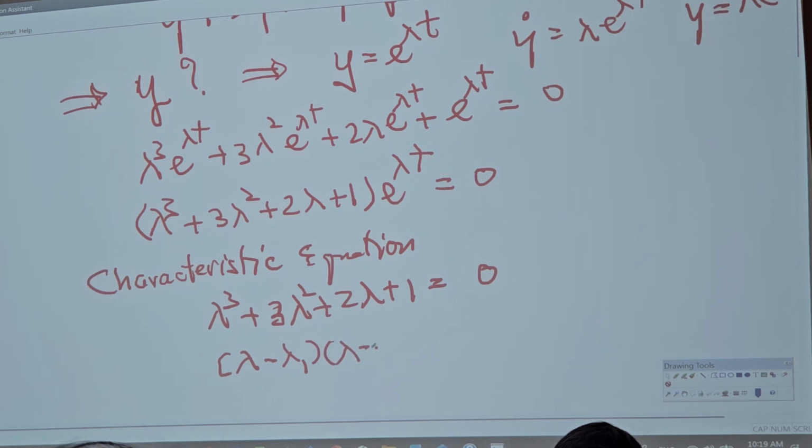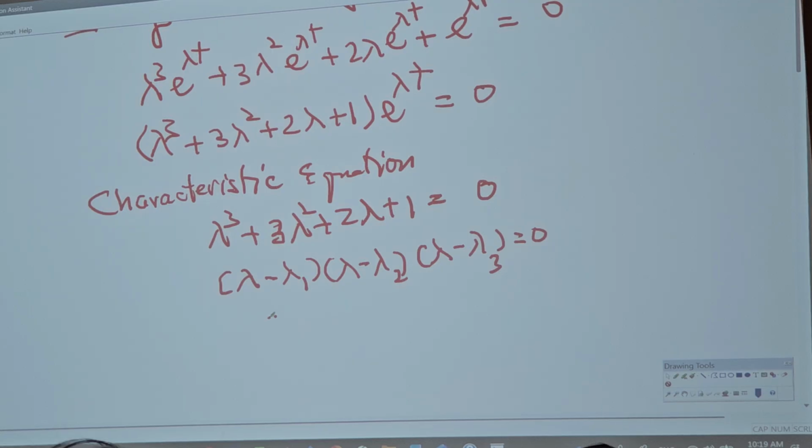Can you solve this one? What are lambda 1, lambda 2, lambda 3? Can you find this one?